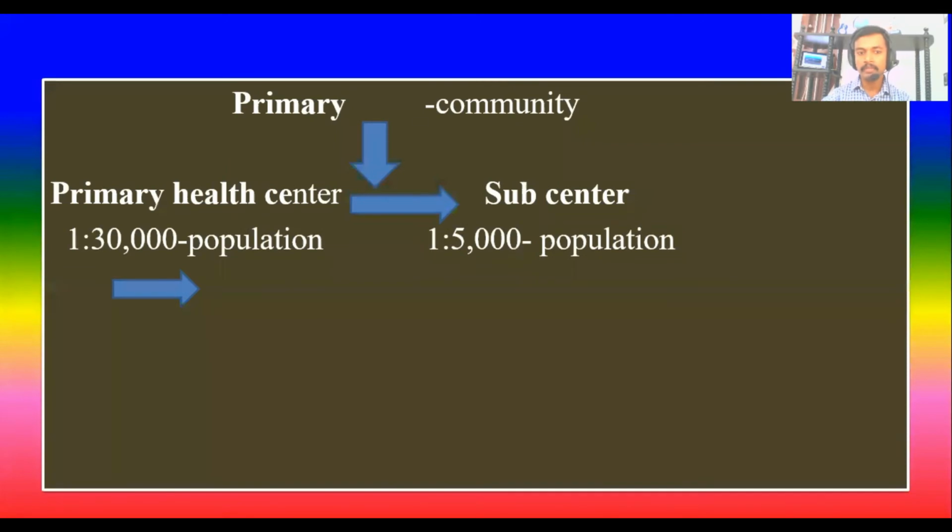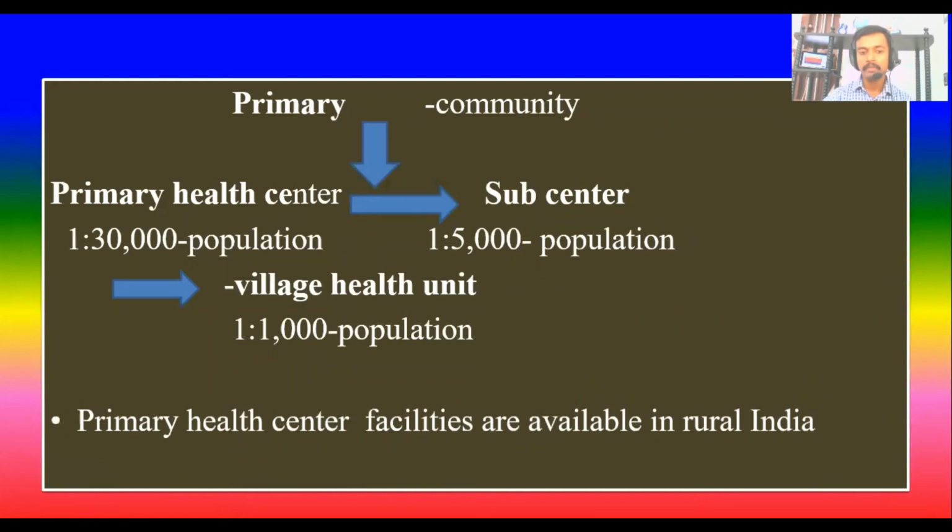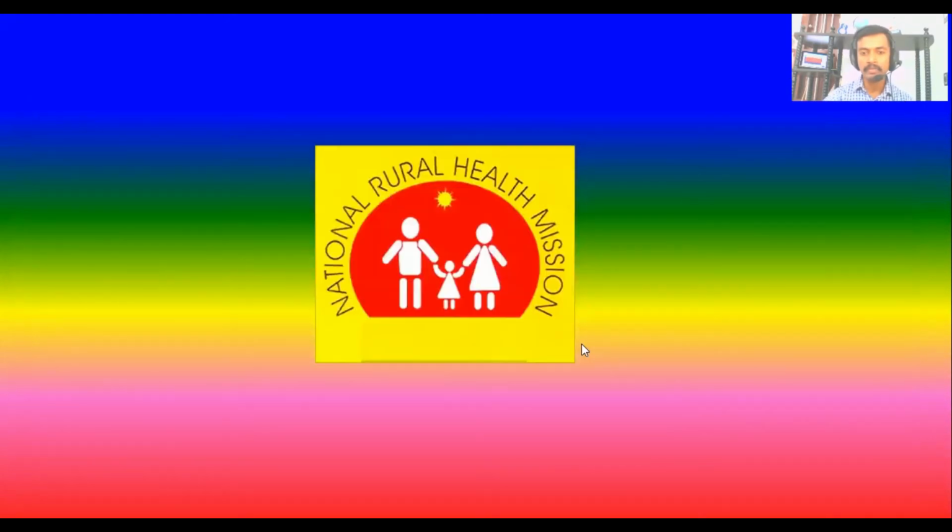The primary health center is for 30,000 population, sub-center for 5,000 population, and one village health unit for 1,000 population. So primary health center facilities are available in rural India. Which type of healthcare facilities are available? Only primary healthcare services. Look at this Indian mission, the Indian healthcare slogan: National Rural Health Mission, one child, one family.